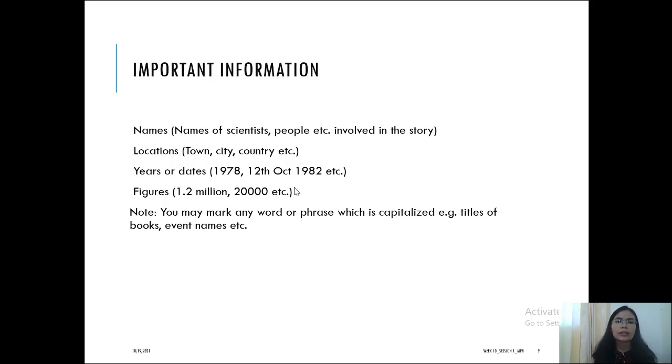You can also find important information from the figures or data, for example 1.2 million, 20,000, and something like this. You can also mark any word or phrases which are capitalized, for example the titles of the book, the event names, etc. So the capitalized words are usually important information. Okay, so those are some of the important information.